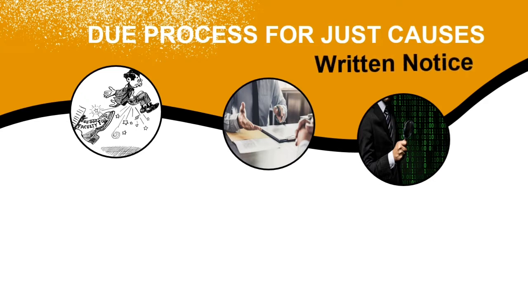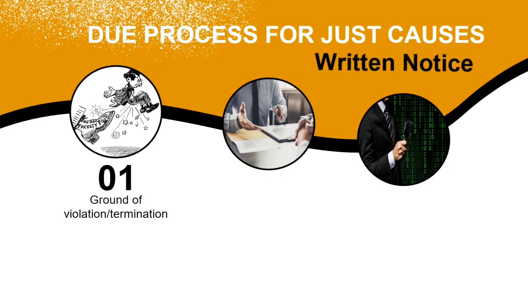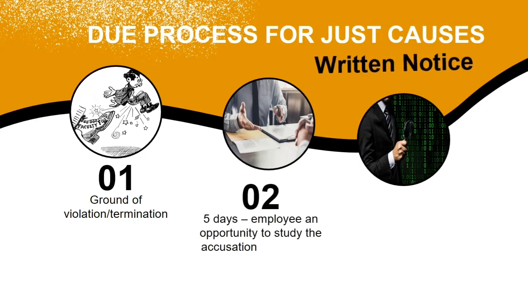The first step is the issuance of the first written notice. In the written notice, it should include the ground or the violation for the termination. And of course, the employee is given 5 days to study the accusation against him.